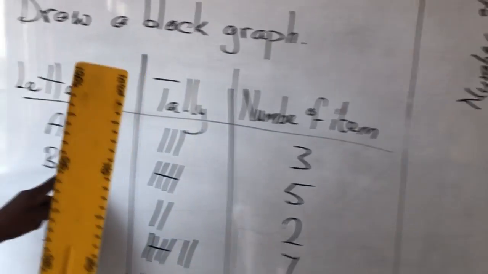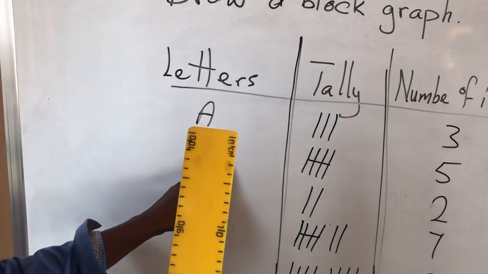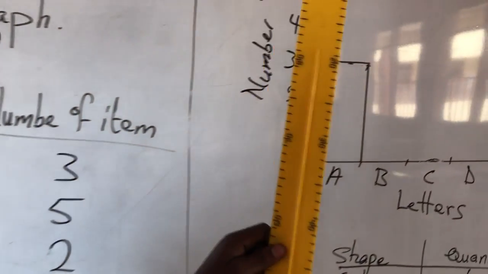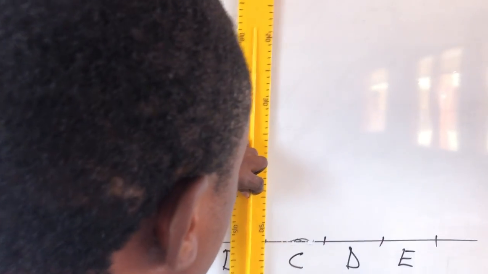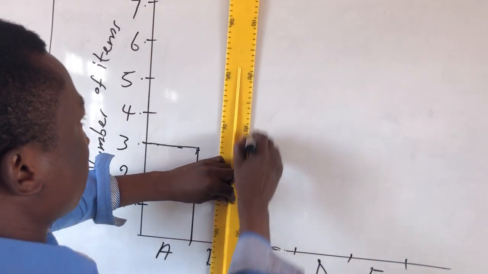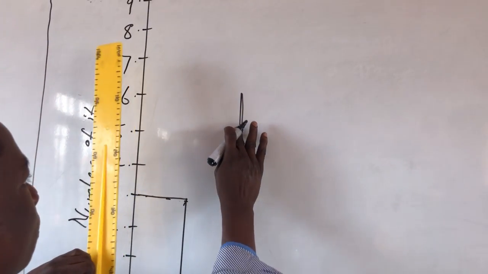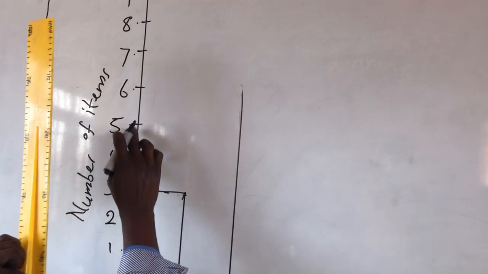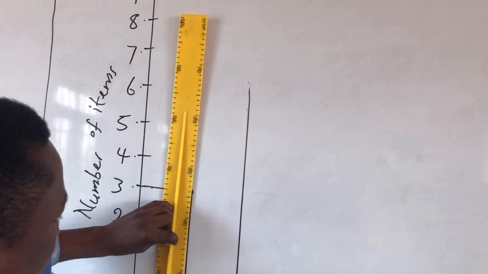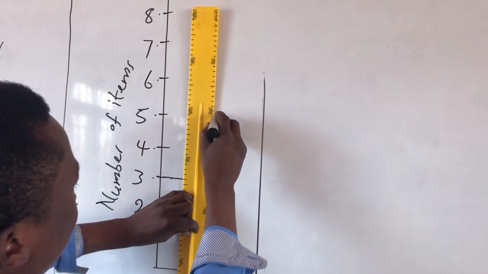Now let's move on. B. What is B? B is 5. So continue like this. This is B. This has exceeded the 5, but now you come back to this, you trace it to the 5.